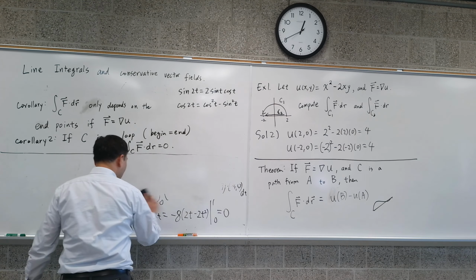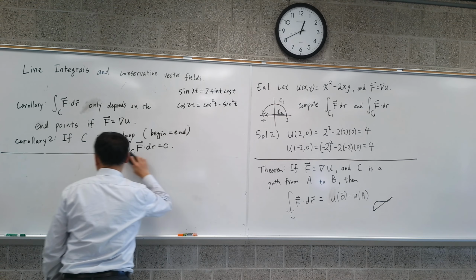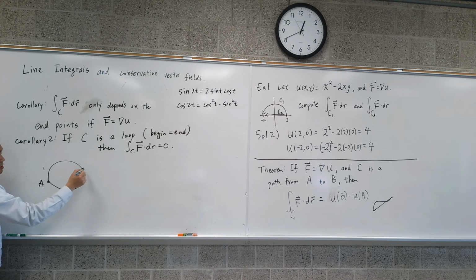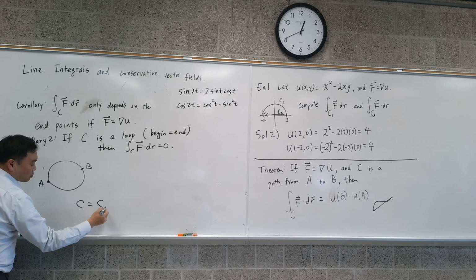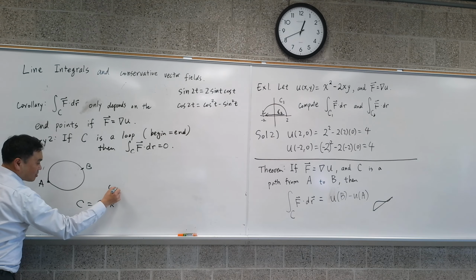Well, let me try to explain in a different way. See, if C is a loop so that it starts from the same point and ends at the same point, pick any point here and think of C as C1 plus C2, and this is like concatenation.